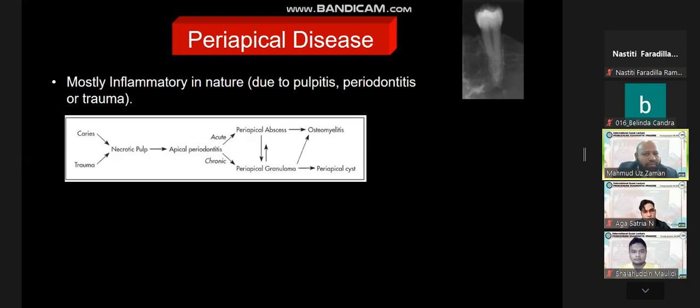periapical radiograph. At first you will go for periapical radiograph if the swelling is a small one. If it is a large one, you will go for panoramic radiograph to see the whole extent of the lesion. Sometimes the whole lesion cannot be accommodated in the periapical radiograph, so you need to go for panoramic radiograph.